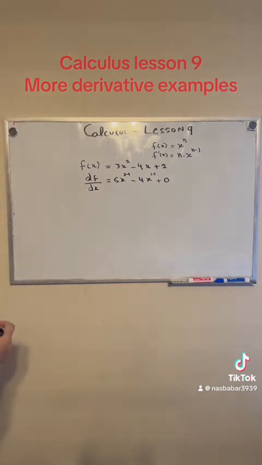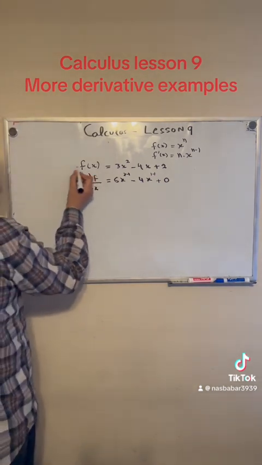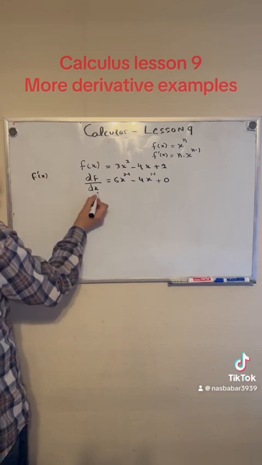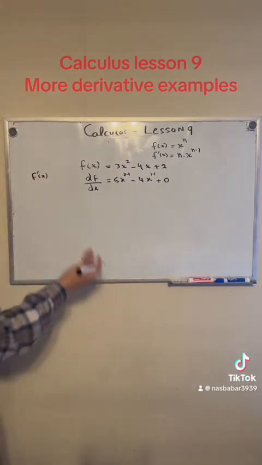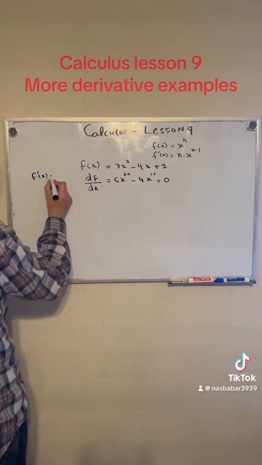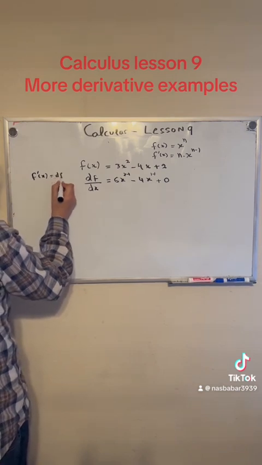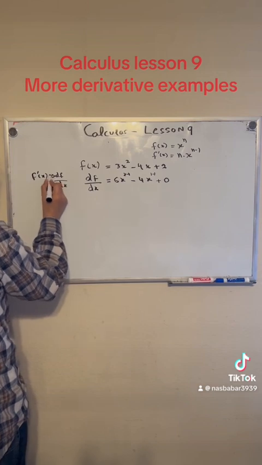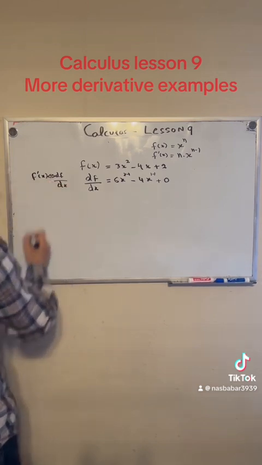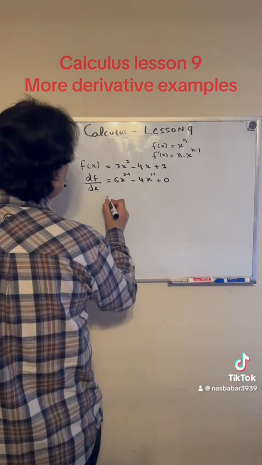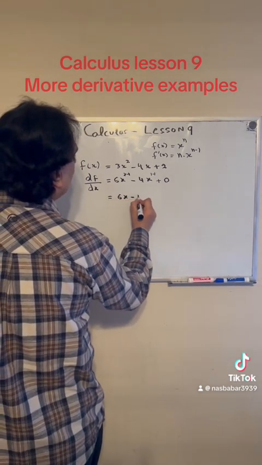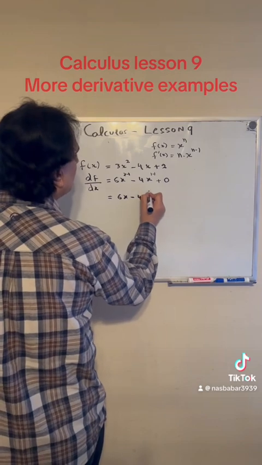Now you notice that instead of f prime, I wrote df over dx. It's the same thing. Okay, so f prime of x is df over dx. It's the same thing. I just wanted to show you that. So then you solve this further and you get 6x minus 4x raised to the power 0.